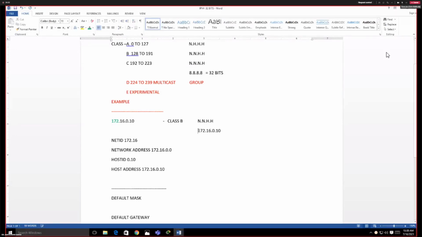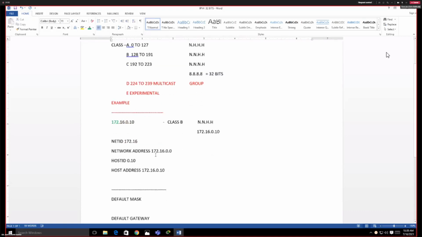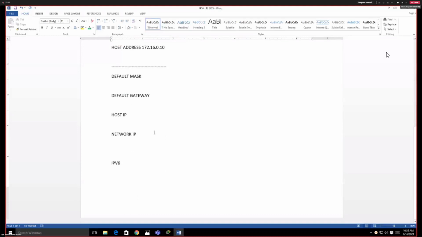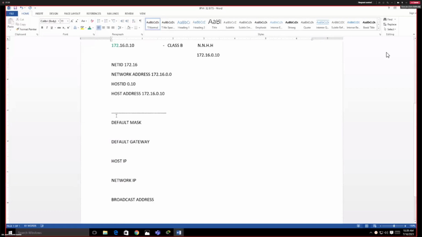If you map this value with the notation of class B, then 172 and 16 is the network part, and 0 and 10 is the host part. Now the network IP address and one more value is also important, and that is the value of the broadcast address. If these values are clear in your mind, then you can easily configure practical number 1.